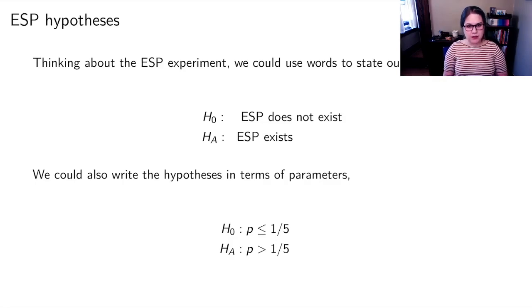In this case, our parameter is a proportion, p, and our null hypothesis is that p is less than or equal to 1/5. So truly, this person is only getting it right 1/5 of the time, or maybe even less than 1/5 of the time. And the alternative hypothesis is that the true proportion is greater than 1/5, that the person is truly getting it right more than 20% of the time.